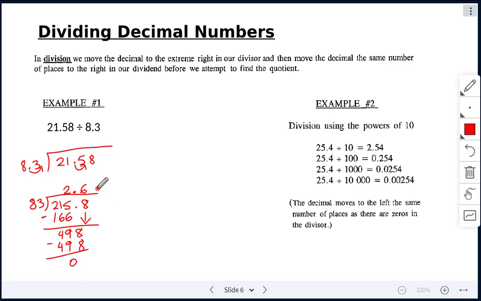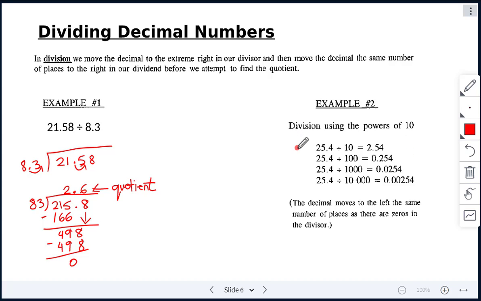All right, so our quotient is 2.6. This is our remainder, the remainder of 0. This is our quotient. Our quotient is the answer. All right, so we'll just label that the quotient. All right, and our second example here on the right-hand side is just showing the pattern, what is happening when we are dividing using the powers of 10.